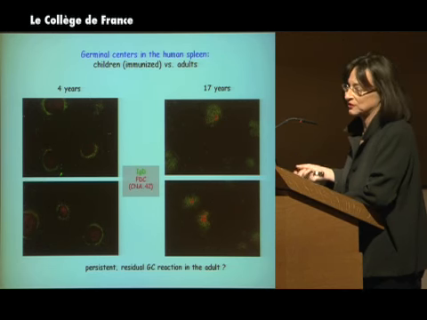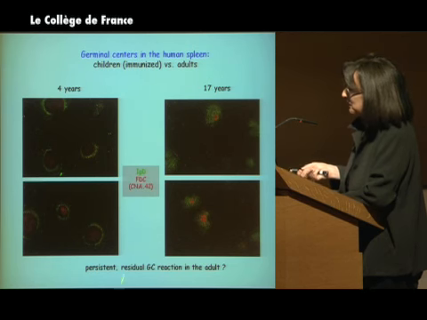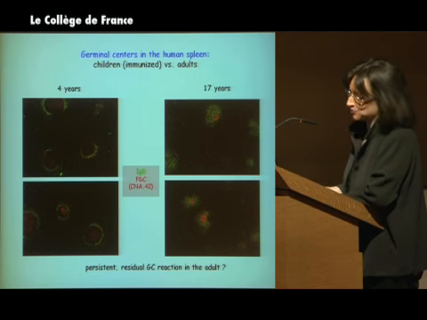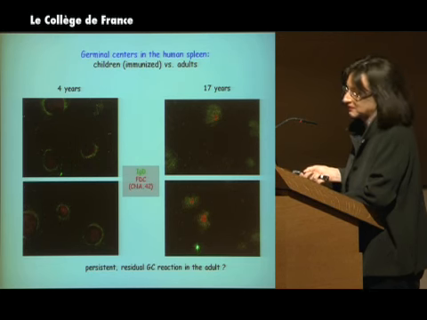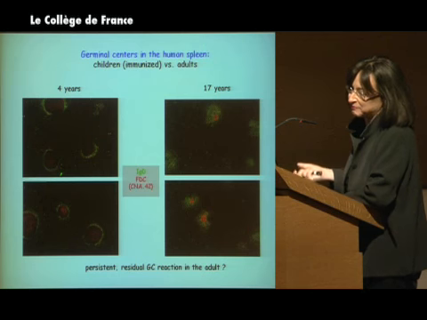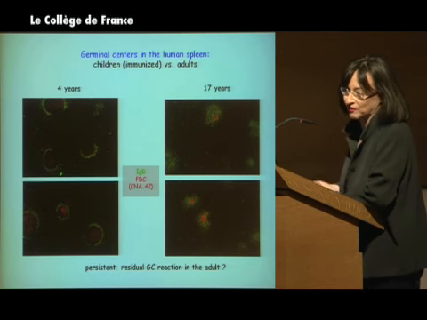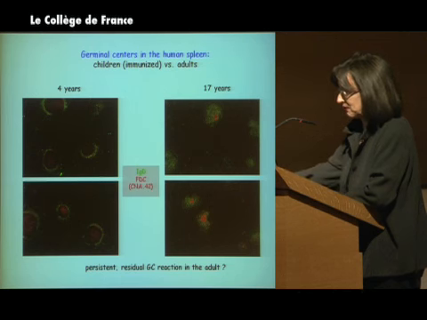So you have structures that are really reminiscent of what I described in the mouse system, that evoke persistent and residual germinal center reaction that either has been induced by the vaccination or by the infectious past of the individual.